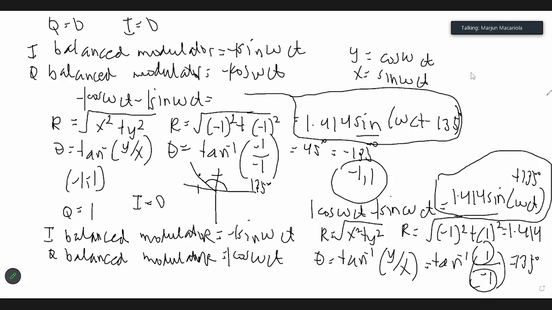Okay. For our third combination, we have Q is equal to 0 and I is equal to 1. Okay? So I balanced modulator will be equal to positive sine omega ct.